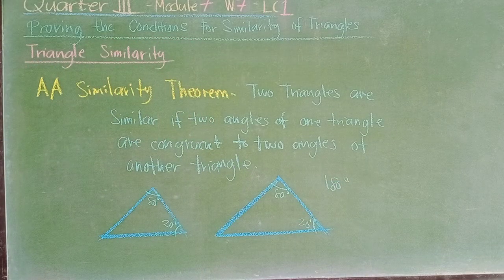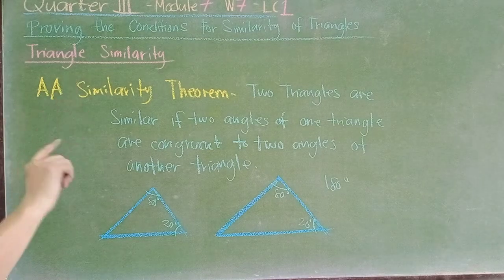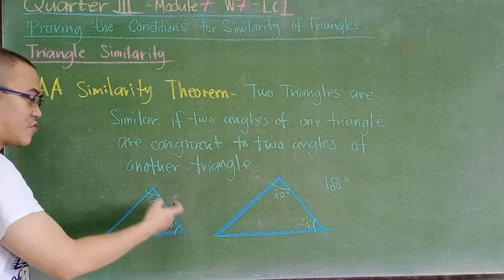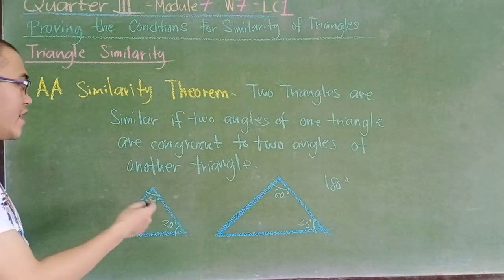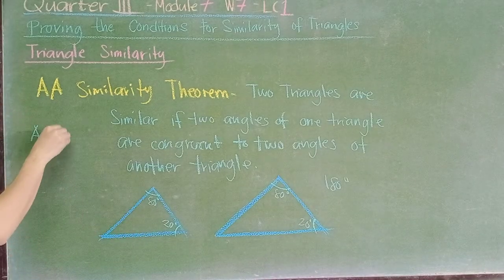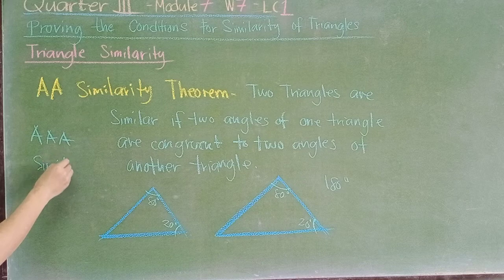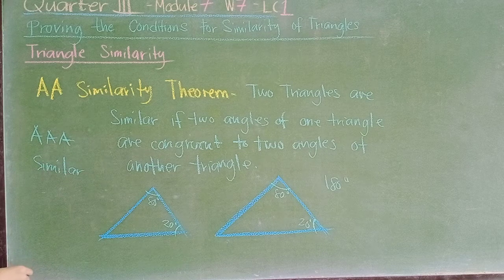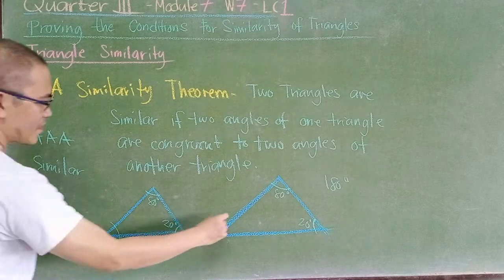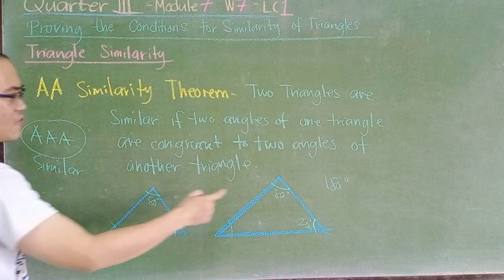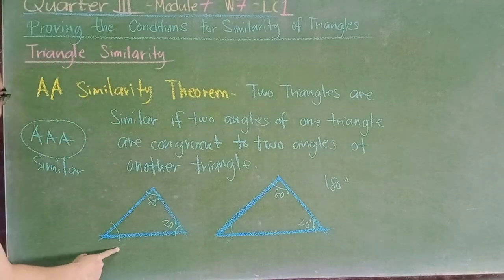And then kapag meron kang tatlong angle na congruent, ibig sabihin, similar yung dalawang triangle na yun. So, dito meron ka ng dalawa. Paano mo mahahanap yung pangatlo? Dun sa tatlong angle, dapat meron kang tatlong angle na magkamukha.